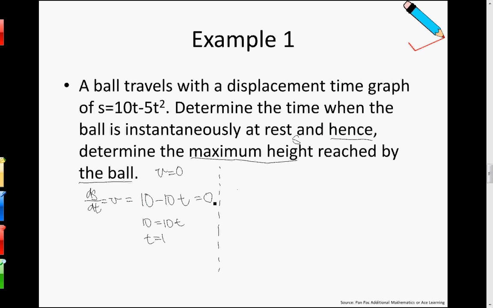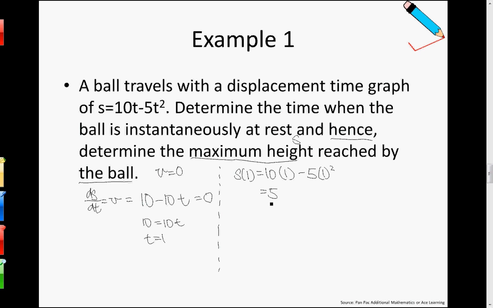So, when t equals 1, let's substitute this back into s. So s when t equals 1 will give me 10 times 1 minus 5 times 1 squared, which is 5. So the displacement away is actually 5.